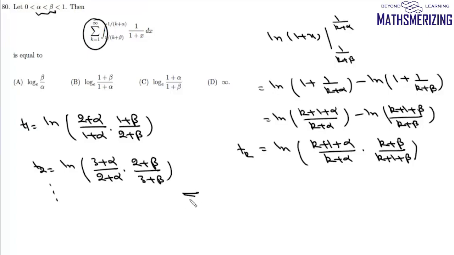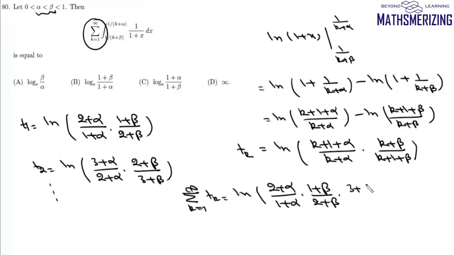Now we'll add them, then we'll get this summation of t_k, k from 1 to infinite. It will be this log, and log m plus log n is log of m into n. So we'll get this as (2 plus alpha) upon (1 plus alpha) times (1 plus beta) upon (2 plus beta) into (3 plus alpha) upon (2 plus alpha) into (2 plus beta) upon (3 plus beta).